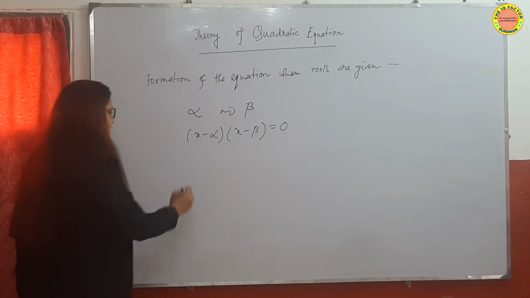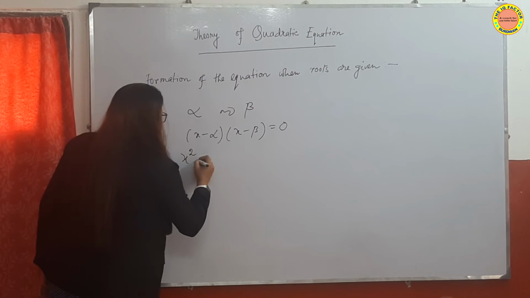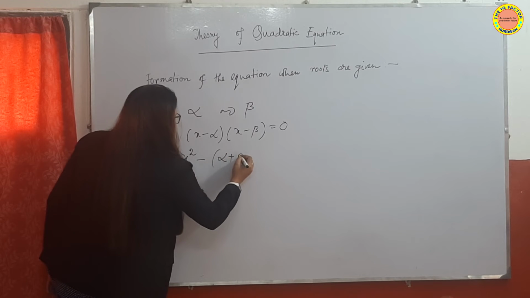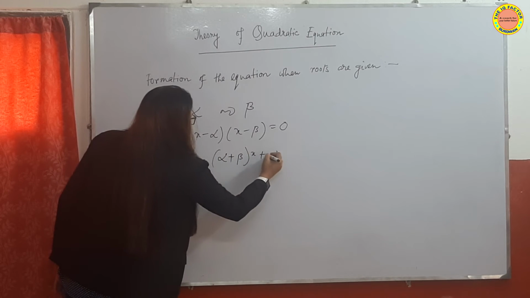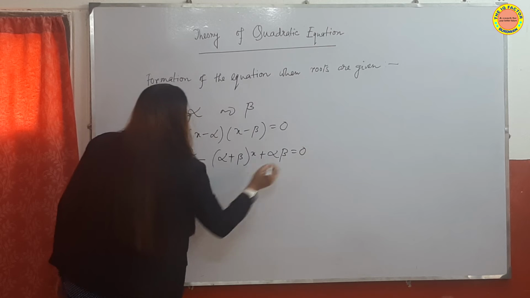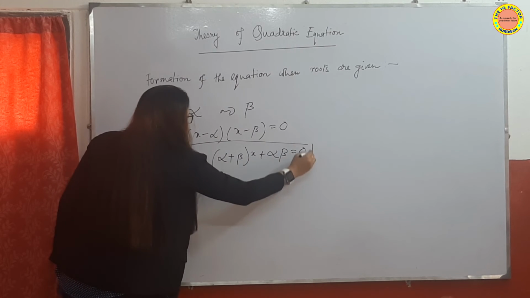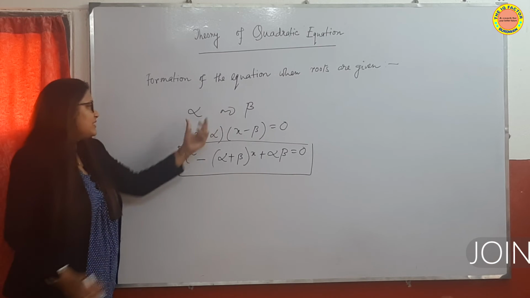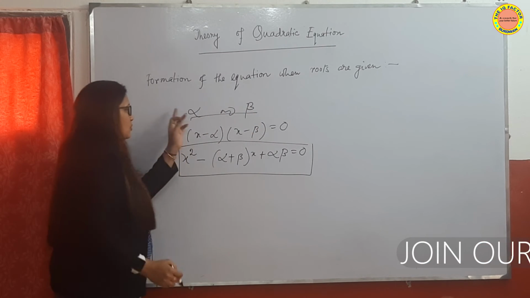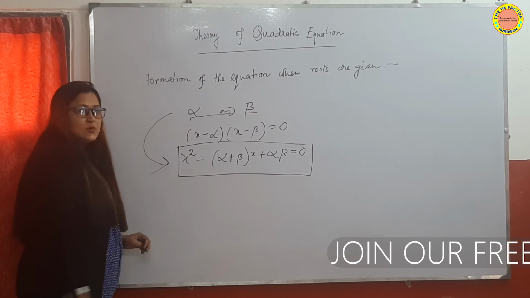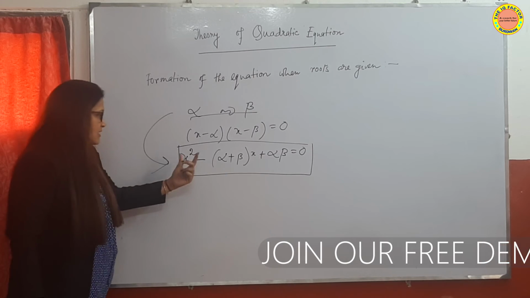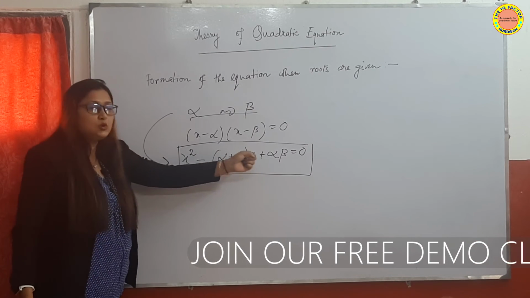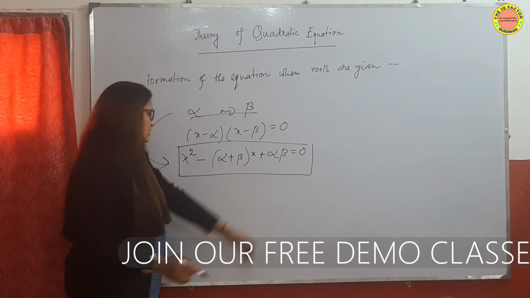Solving this, we find it is x square minus alpha plus beta into x plus alpha beta is equal to 0, which is most important. So if the two roots are given, alpha and beta, the equation will be x square minus alpha plus beta into x plus alpha beta is equal to 0.